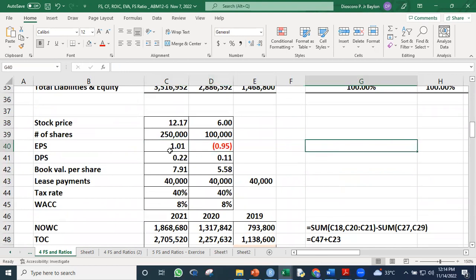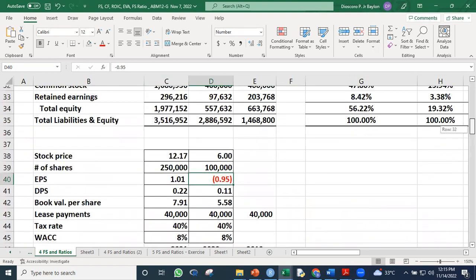Okay, this is earnings per share, and 2020 is negative because our earnings are negative. So this is net income after tax divided by number of shares outstanding. That is the formula of EPS. Okay, so where is the price? Ah, it's above. Sorry.